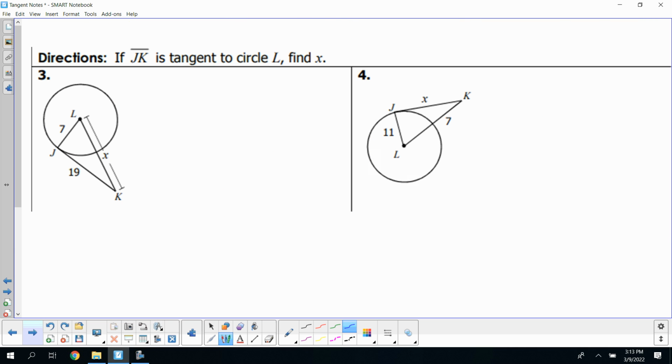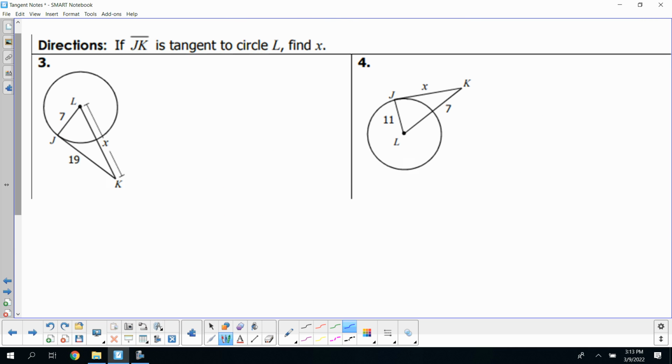Okay, let's take a look at number 3. If JK is tangent to circle L, find X. So they're telling us that JK is an actual tangent, so that creates a 90-degree angle there. So we're going to find X. Well, we've created a 90-degree triangle, so we can say A squared plus B squared equals C squared.